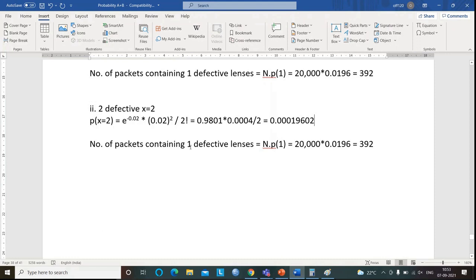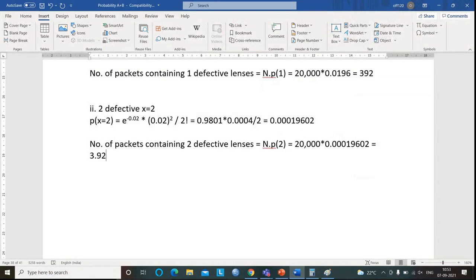Now let us find out the number of packets containing two defective lenses, which is capital N into P of 2, that means total number of packets. When I multiply this value, the answer we get is 3.92.